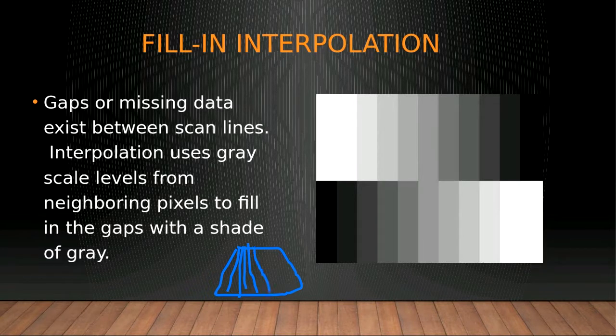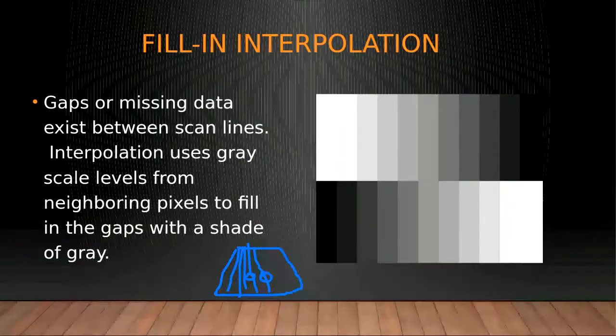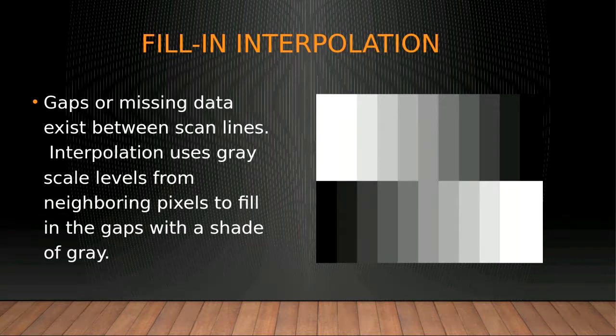So what it does is it takes a shade of gray that's similar to the two scan lines and fills in the gap with a shade of gray that fits between the two samples. So gaps or missing data exist between each scan line, and interpolation uses grayscale levels from neighboring pixels to fill in those gaps so that the picture appears smooth and a more consistent shade of gray. So basically, it's going to pick neighboring grades and fill in the missing data. So it's sort of guessing what it might look like.